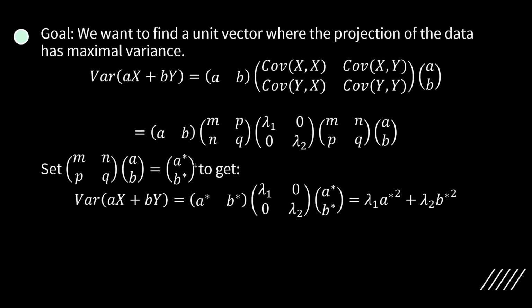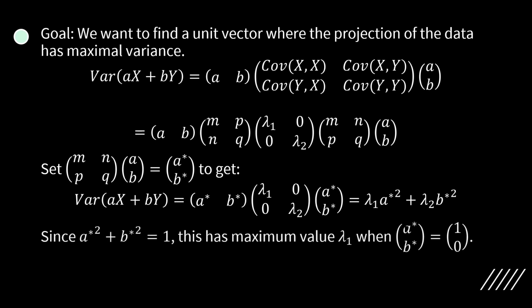Then this part will be the row vector (a star, b star), and the above expression now becomes simply lambda 1 a star squared plus lambda 2 b star squared, with the condition that (a star, b star) is a unit vector.